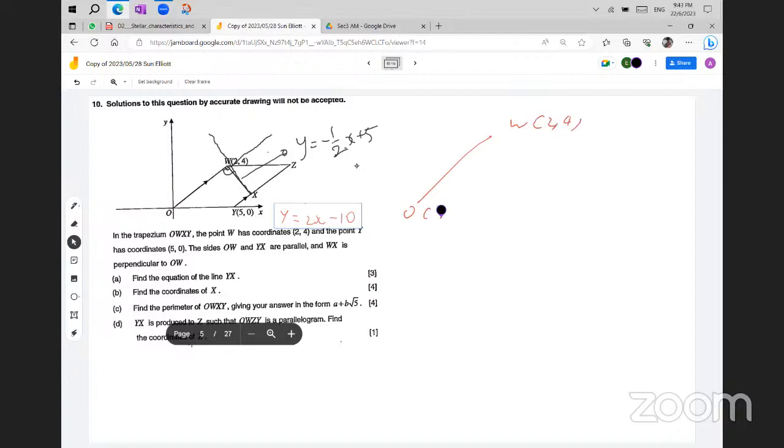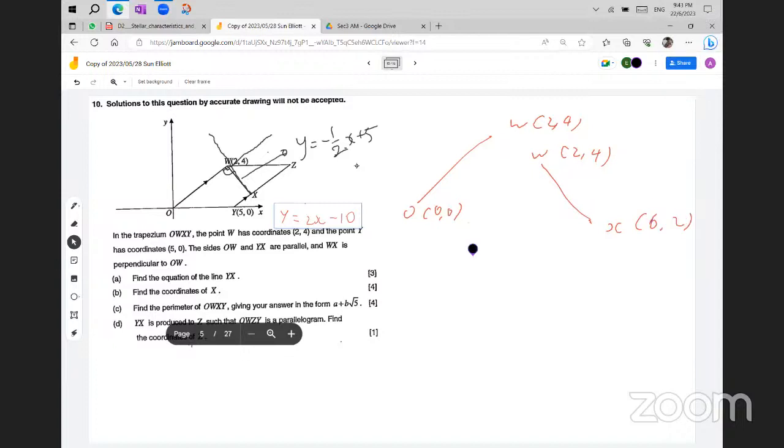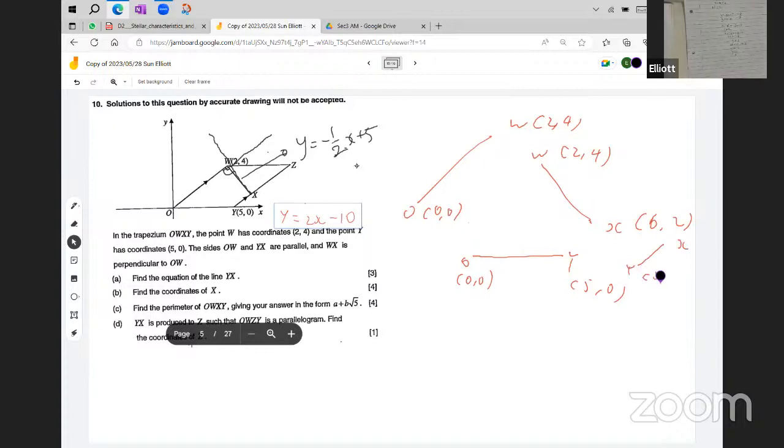And WX, which we know is (2, 4) and, what's the point we found just now? (6, 2). Then OY, which we know is (0, 0) and (5, 0). And finally, what am I missing? Oh, YX, which we know is (5, 0) and (6, 2).